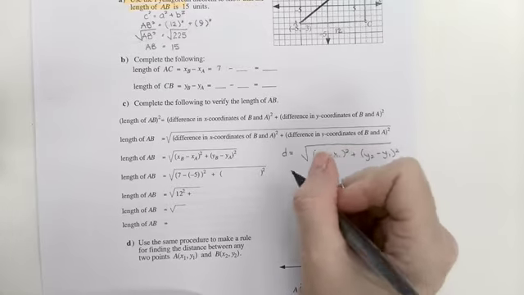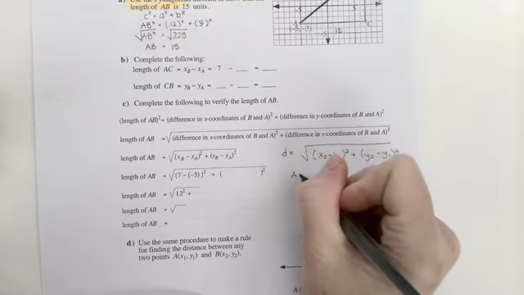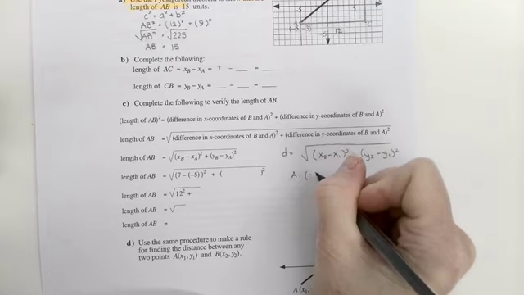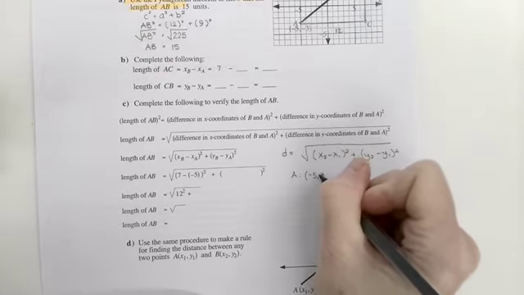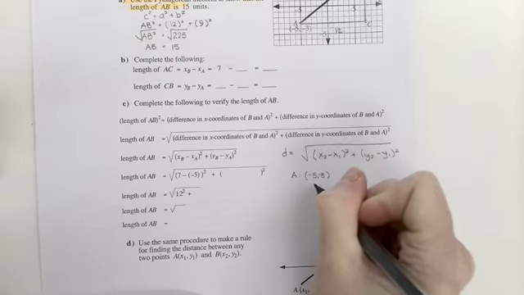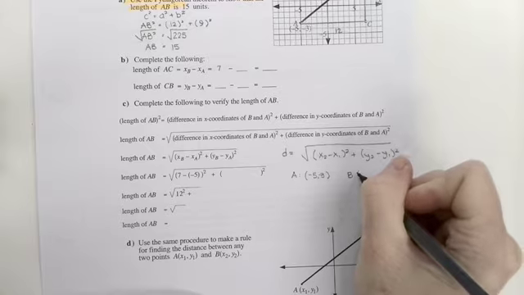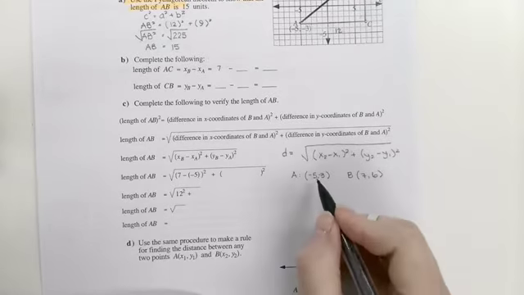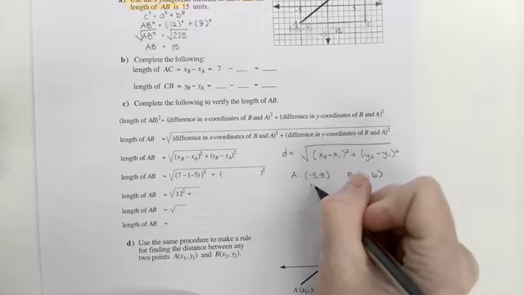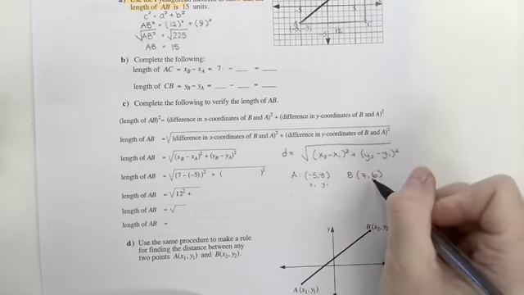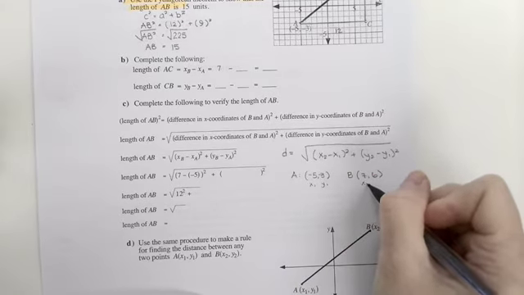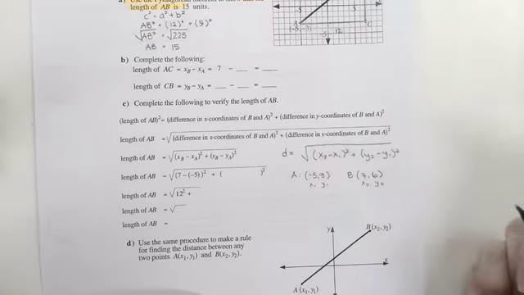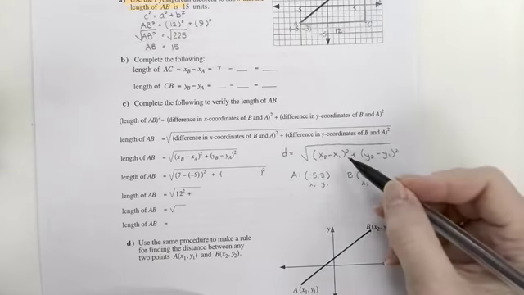So A is at -5 and -3 from above, and B is 7 and 6. So if I let this be point 1, this is going to be x1, y1. If this is point 2, x2, y2. And now I just have to be careful that I am putting them in the right positions. So in we go.